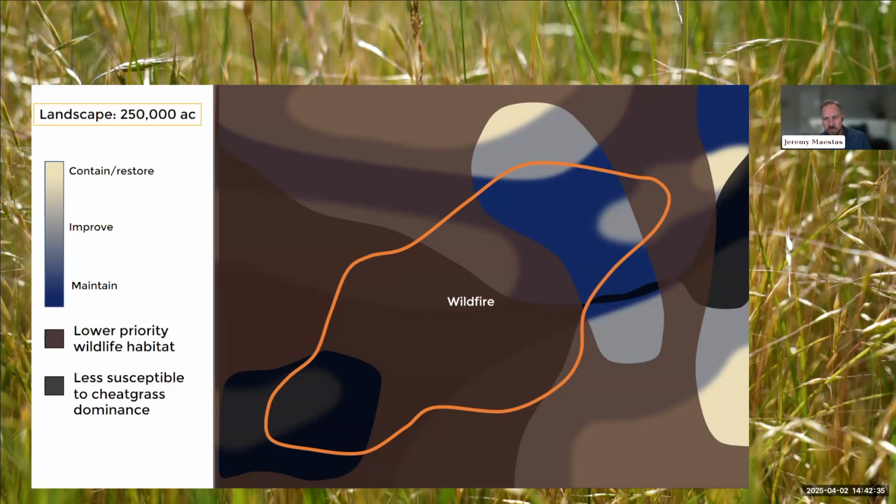I would already have most of my plan in place. The only thing that's really changing is how severe the fire was, because that could affect your perennial plants and maybe your wildlife-important browse, so you'll be replanting shrubs in certain areas. But for the most part, you'll have known the understory condition and the amount of annual and perennial component.